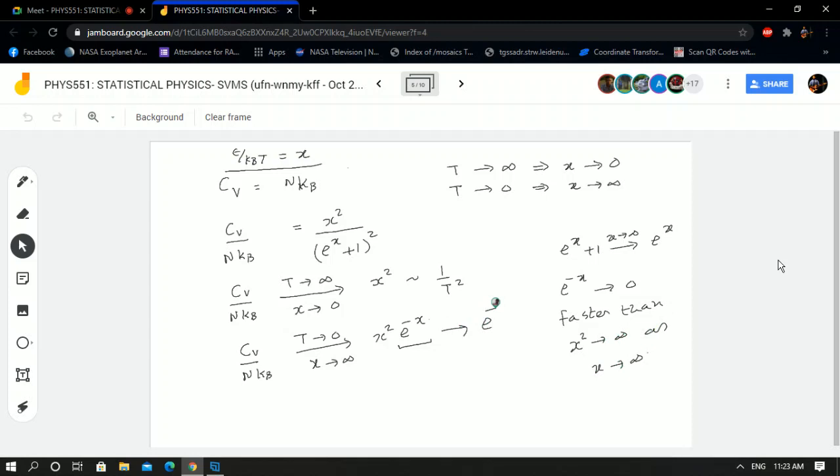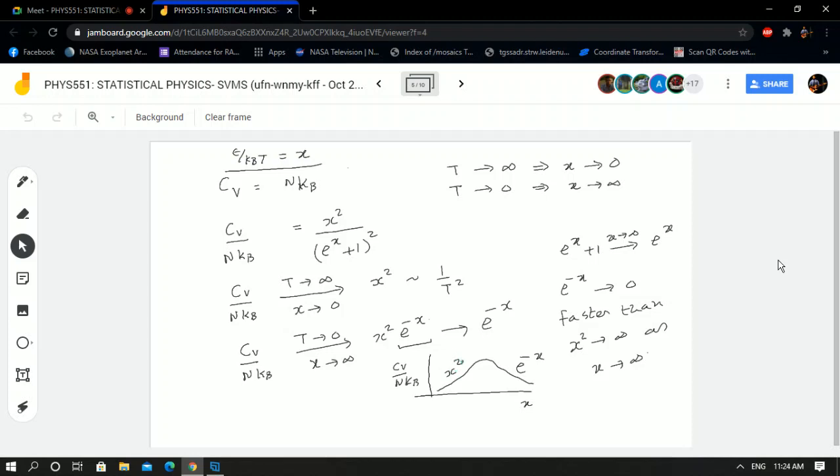and hence the overall function will decrease like e to the minus x. So if you plot CV by nkB here and x here, then in this particular region it will go like e to the minus x, and here it will go like x square.